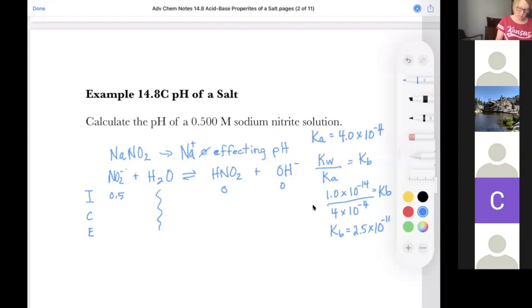The change is minus x, plus x, plus x, giving 0.5 minus x, x, and x. Now we can plug that into our Kb. So 2.5 times 10 to the negative 11th equals x squared over 0.5 minus x.